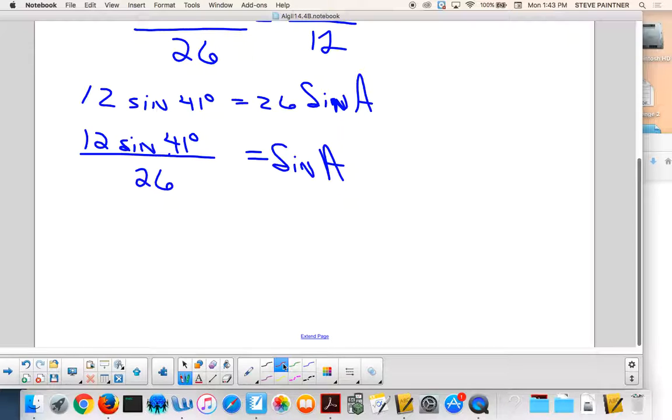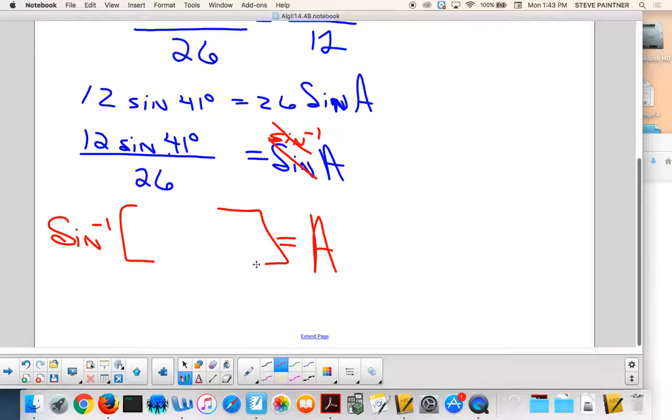Inverse sine knocks out sine. A equals inverse sine, right? Of what? This stuff. Type it in.